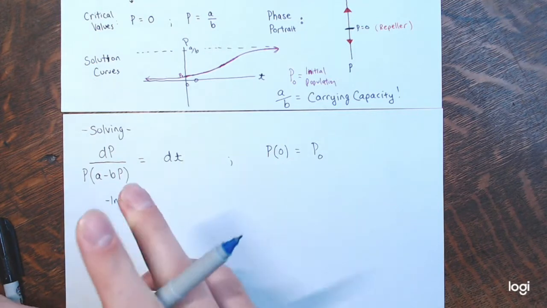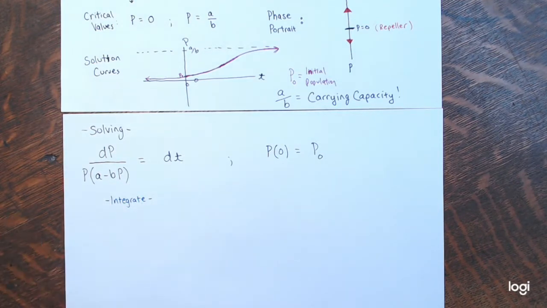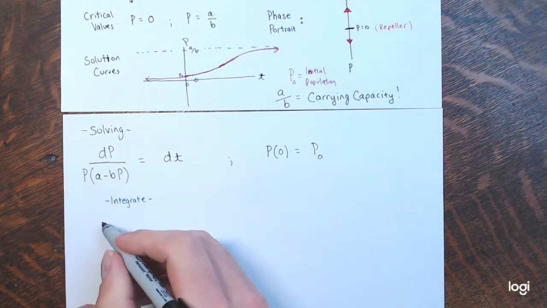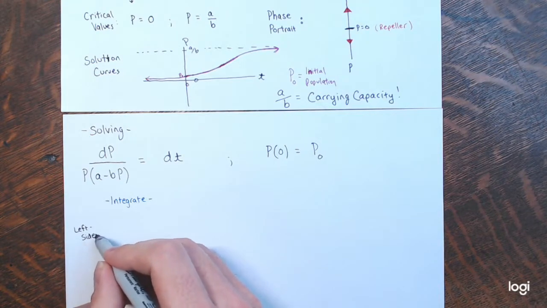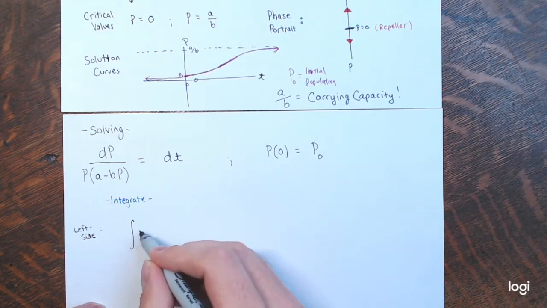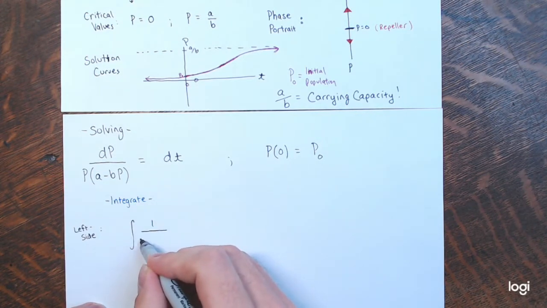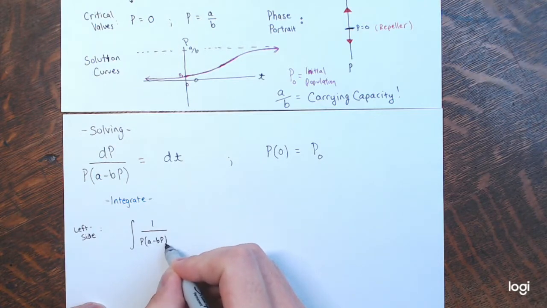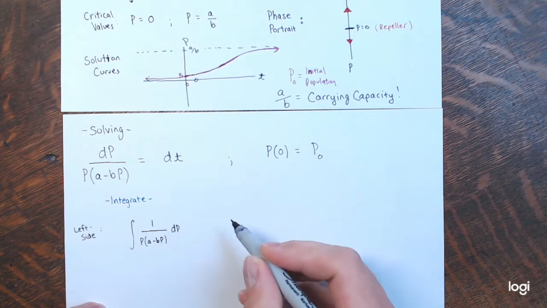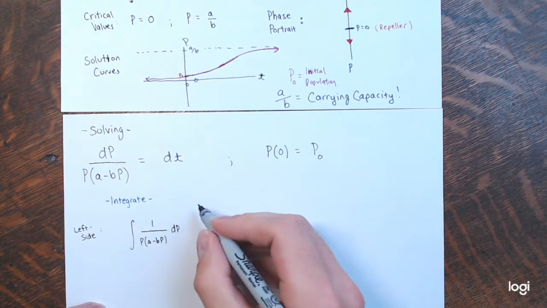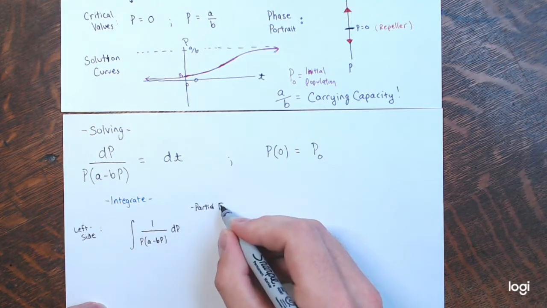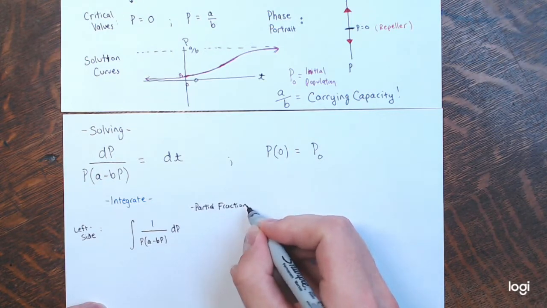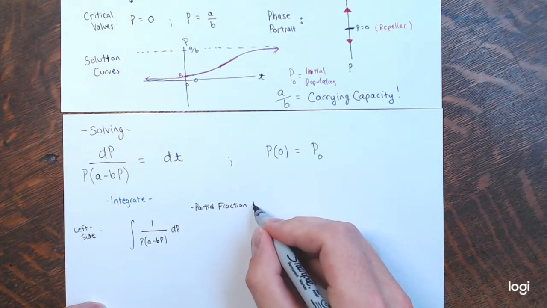All right, so I'm not going to do every little step in this video. I don't want it to be too terribly long. But on the left side, we'd have the integral of 1 over p times a minus b times p dp, and again, I'm not going to go into this, but I would use a method here of partial fraction decomposition.